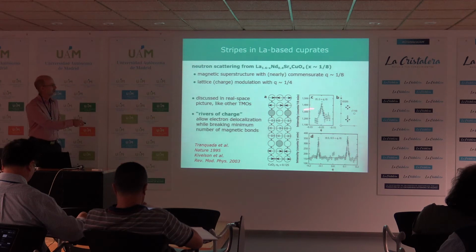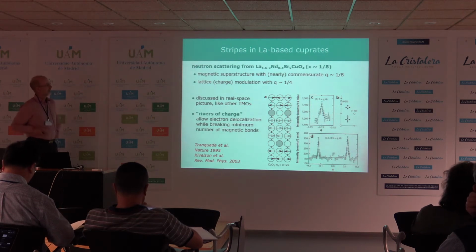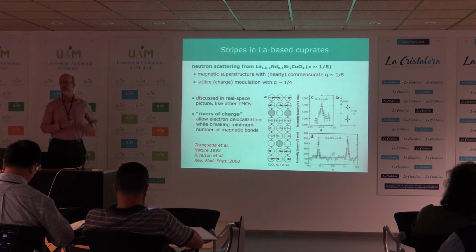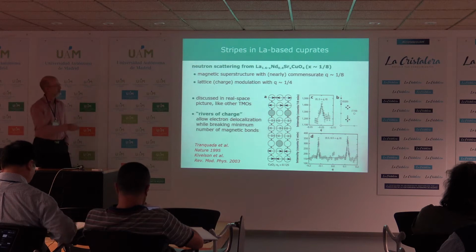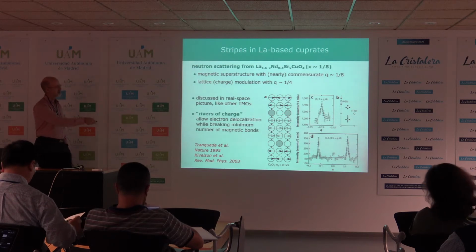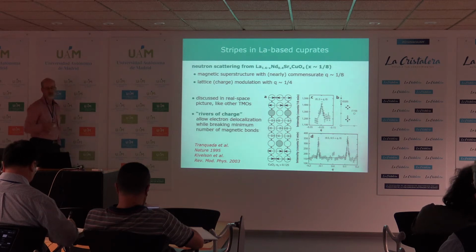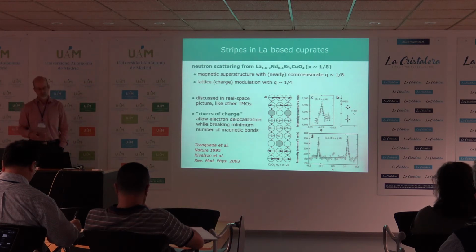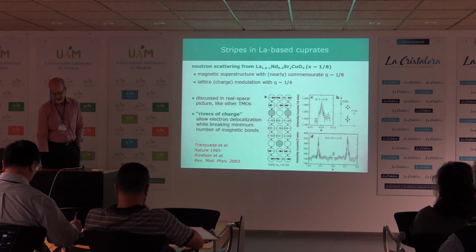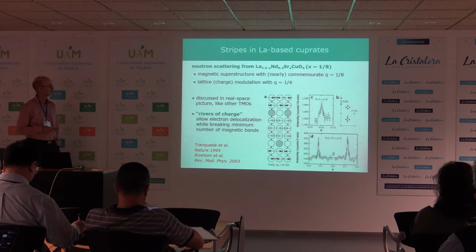But if you arrange these domains in this fashion here, where you have so-called rivers of charge that are not magnetically ordered, the electrons can delocalize along these one-dimensional lines without having to break any magnetic bonds. So this was supposed to be favorable from the point of view of electron kinetic energy and the exchange energy in the system.